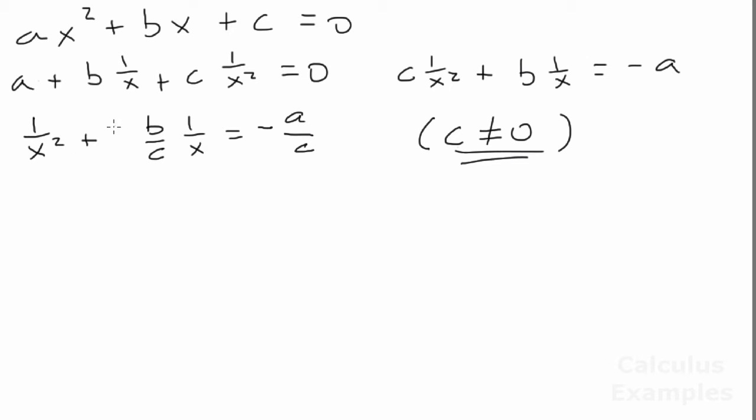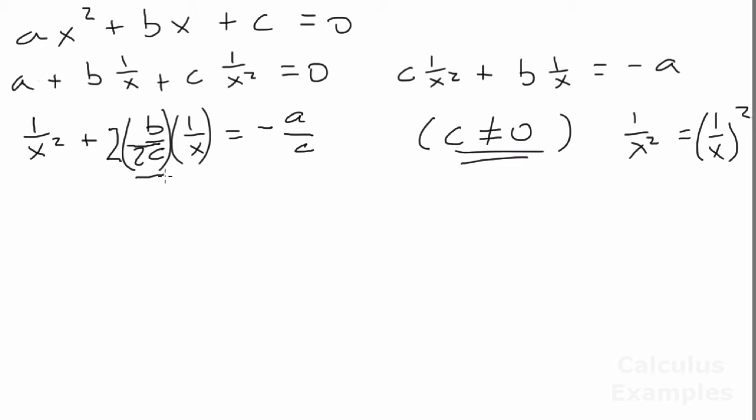Now we're going to complete the square on this side. It may help to know that 1/x² is, of course, (1/x)². So we're basically going to multiply by 2 and divide by 2 here. Right, so we see that this squared is what we have to add to both sides.